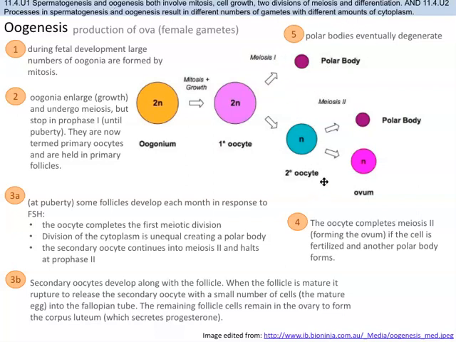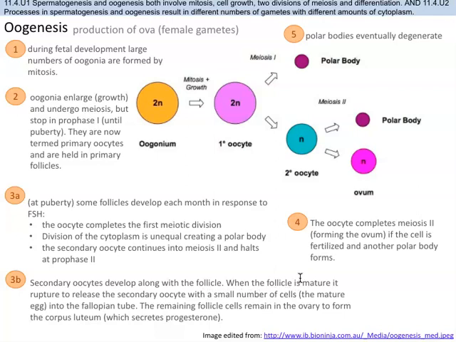This secondary oocyte again halts its meiosis processes. It halts at prophase 2 until the secondary oocyte continues to develop with the follicle further, and once the follicle that's surrounding it is mature enough, it's going to rupture to release the secondary oocyte with a small number of cells, which is the mature egg, into the fallopian tube.